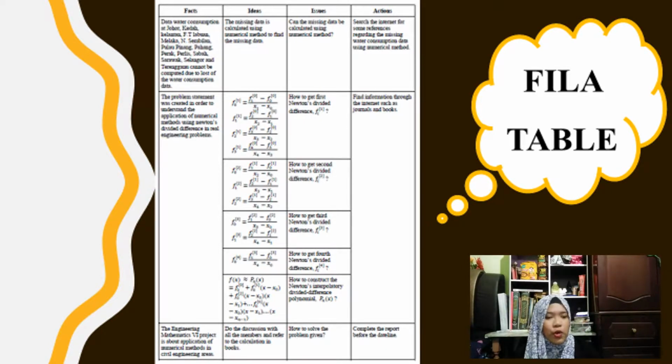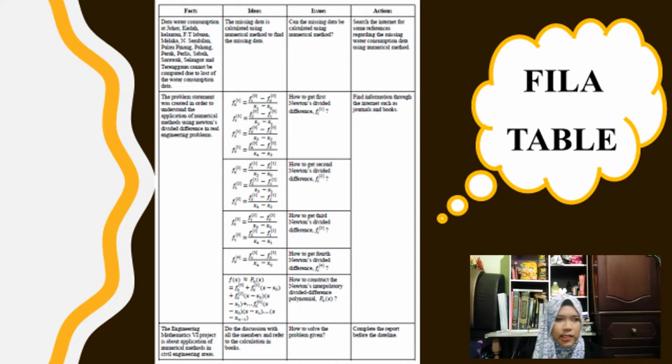For this issue, we use only one equation. We use the equation P(x) equals F00 plus F01 (X minus X0) plus F02 (X minus X0)(X minus X1) plus, and follow the equation.